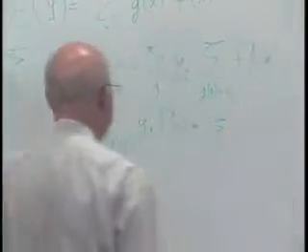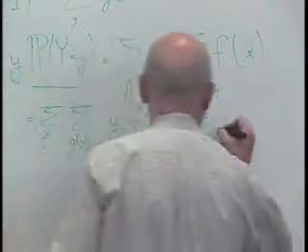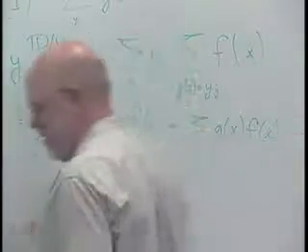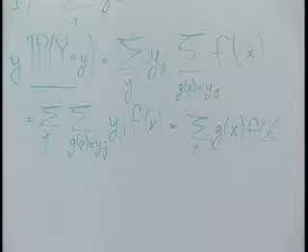So this is the sum over all the values of x of the value of y that x leads to, g of x, multiplied by f of x. And that's the proof, and it's a hard proof to follow because the result is so obvious that it's not clear exactly what had to be proved.